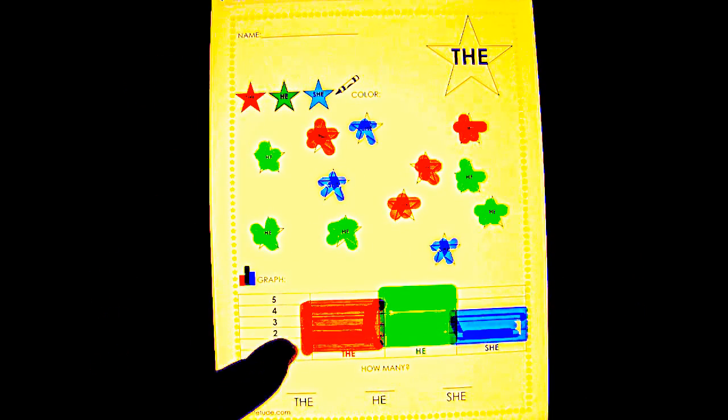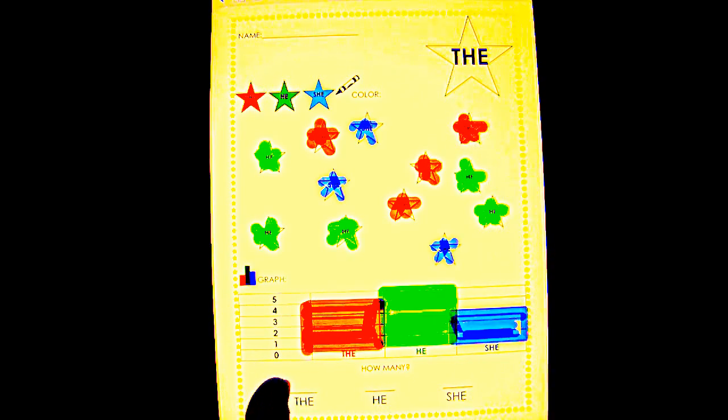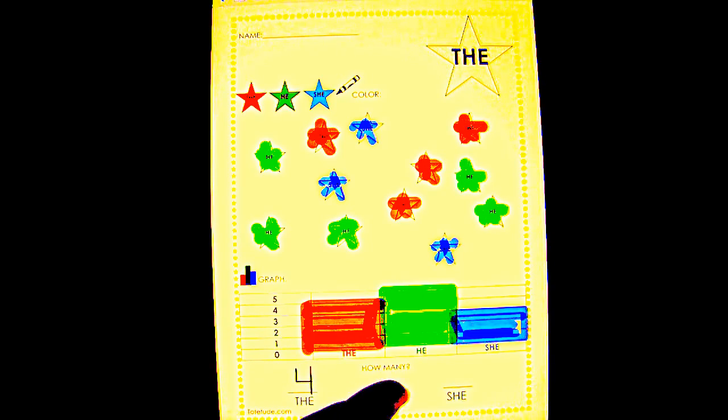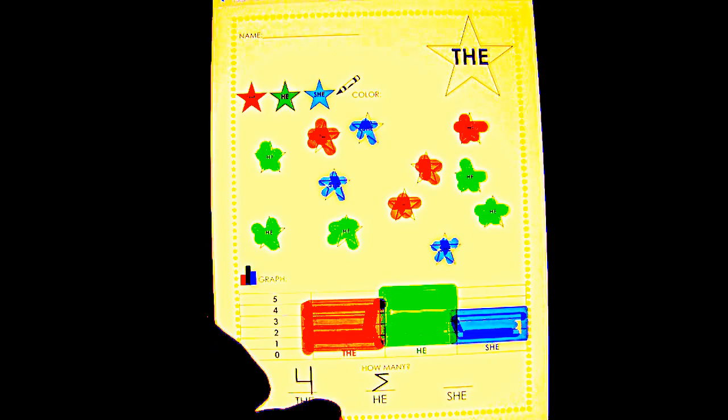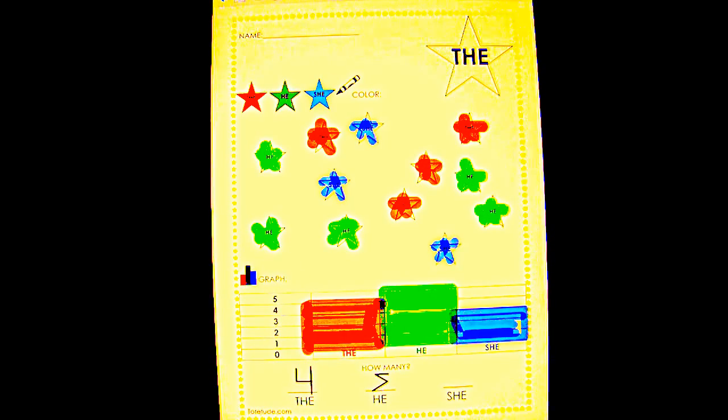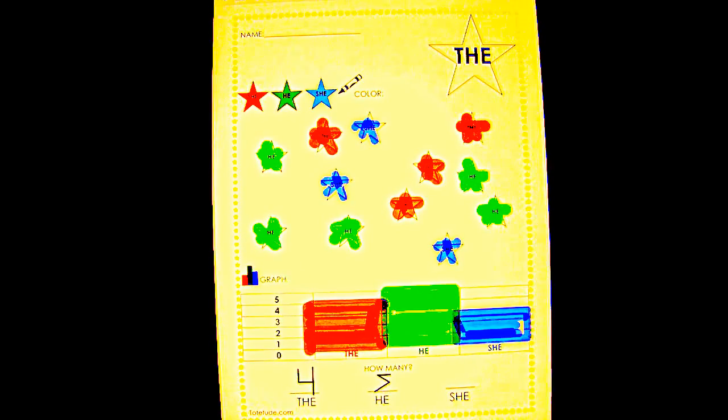Okay, so now the learner has to write how many times they see the word the. And looking at this graph, it says 4 times. He is 5 times. Okay, so if the 5 turns out like that, it's because you're using the Shapes tool.